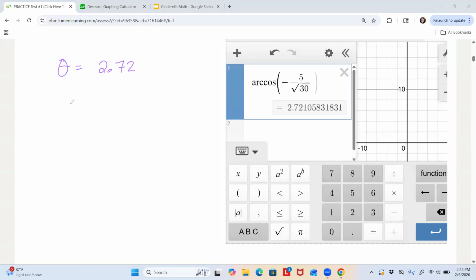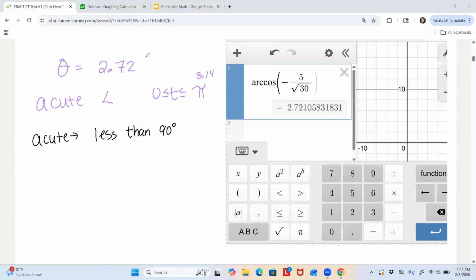But the question said give the acute angle in between 0 and pi. Now that is in between 0 and pi, right? Because pi is 3.14. But it is not acute. If you're thinking degrees, acute needs to be less than 90 degrees.